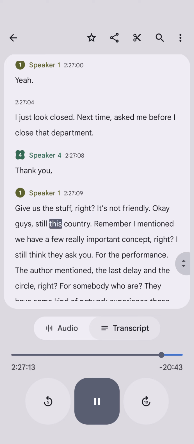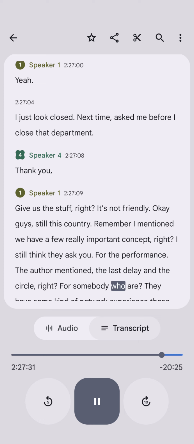Okay, guys. Still in this section, remember I mentioned we have a few really important concepts. For performance, the author mentioned loss, delay, and throughput.